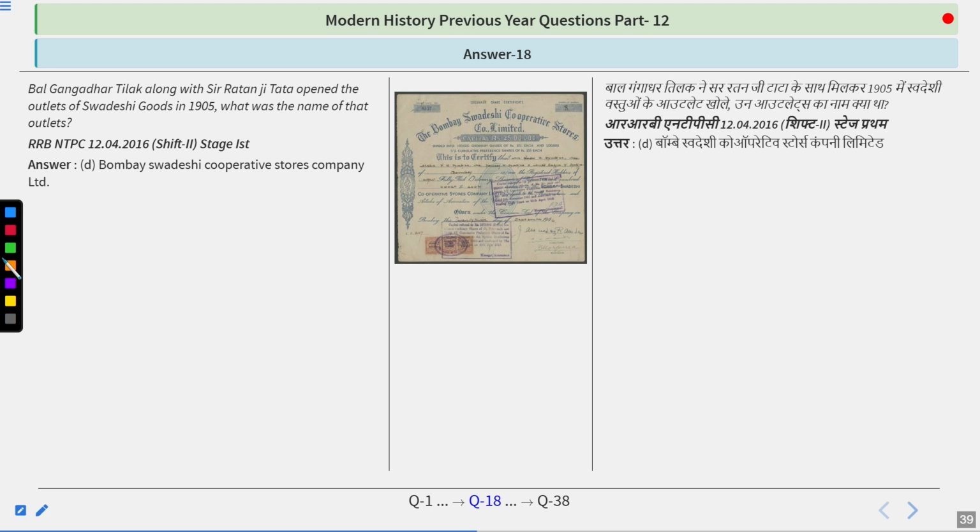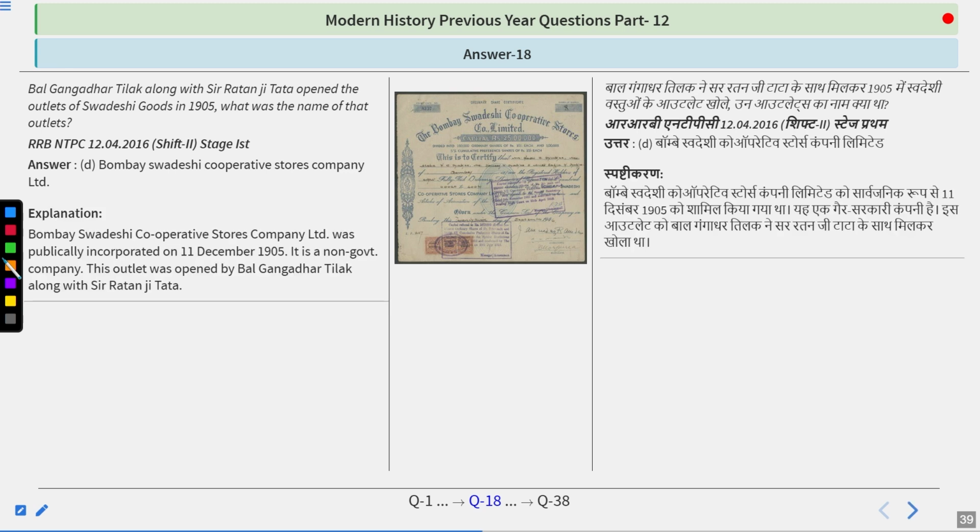So basically, if we talk about Ratanji Tata, it is not the Ratan Tata who was in India recently. It was Jamshedji Ratanji Tata, and he was an industrialist at that time.